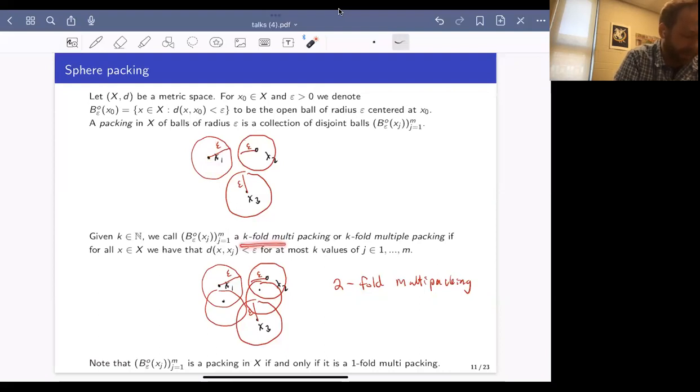And multi-packings correspond to what they call error correcting codes for list decoding. And so in this situation, it's okay if you don't recover exactly the code you're trying to send, but you have a list of things that you're treating as equivalent to it. Okay.